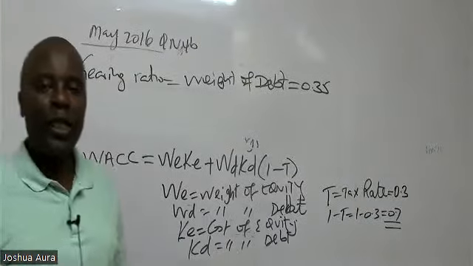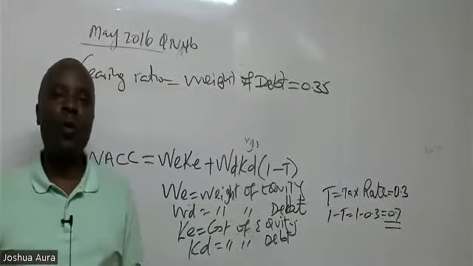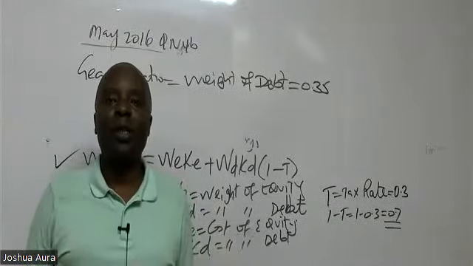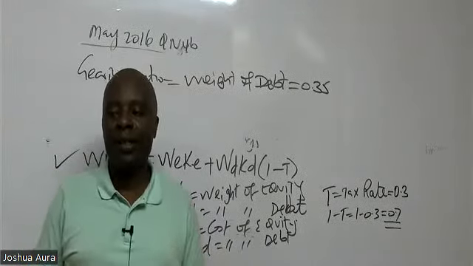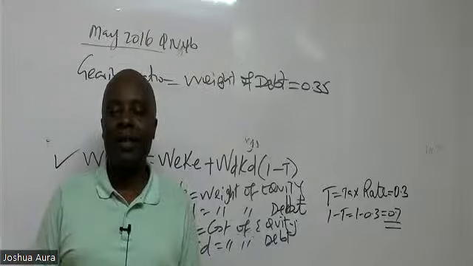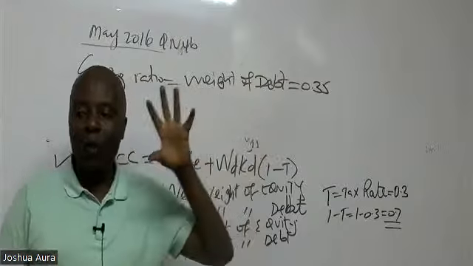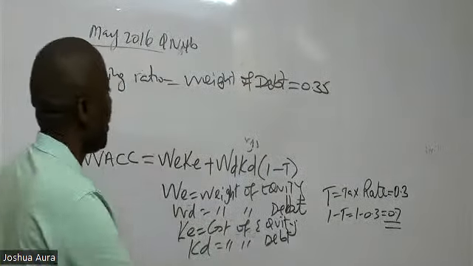So if the weight of debt is 0.35, what do you think will be the value of the weight of equity? Hey, please wake up. Look at me nicely, right? If the weight of debt is 0.35, then the weight of equity will be 0.65.